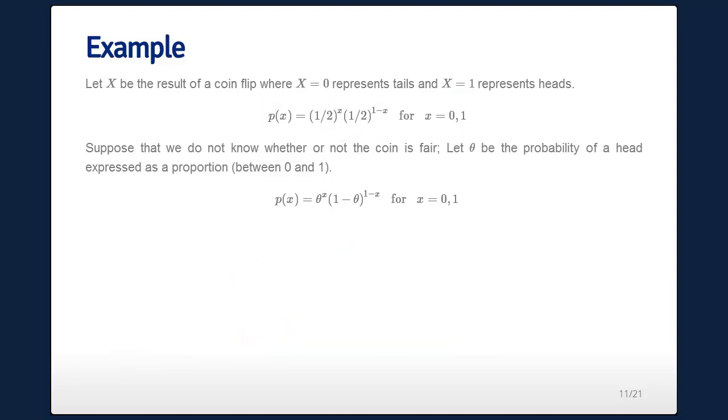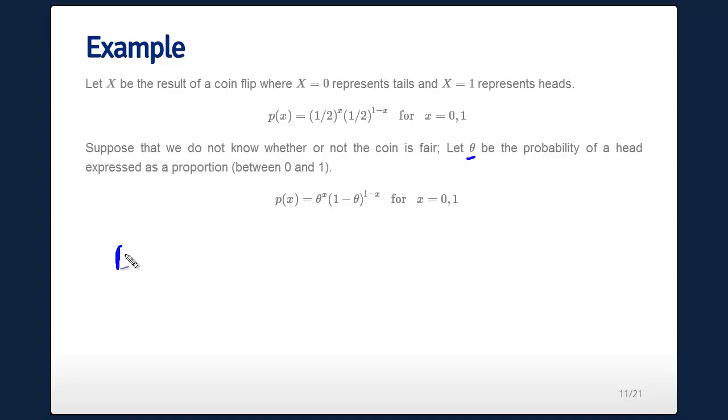Let's do a slightly more complicated version of the same problem, but imagine the coin is not fair. Let's suppose the probability of a head is theta, where it's some number between 0 and 1. So there's maybe a 25% chance of heads and a 75% chance of tails.